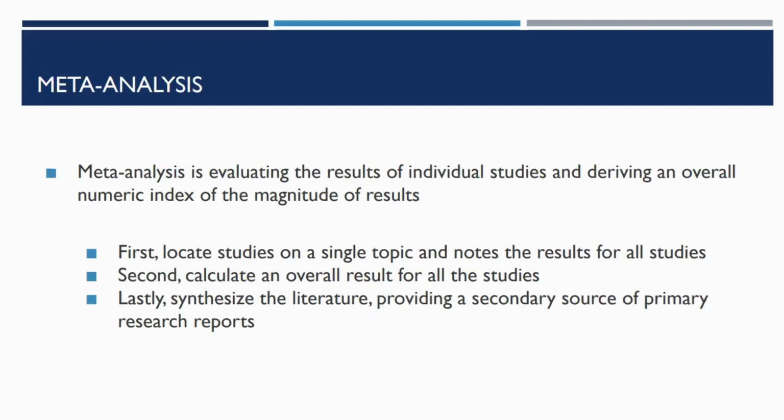The process for conducting a meta-analysis follows systematic steps. The researcher locates studies on a single topic and notes the results for all of the studies. Then the researcher calculates an overall result for all of the studies and reports this information. By using this process, the investigator synthesizes the literature, providing a secondary source of primary research reports.